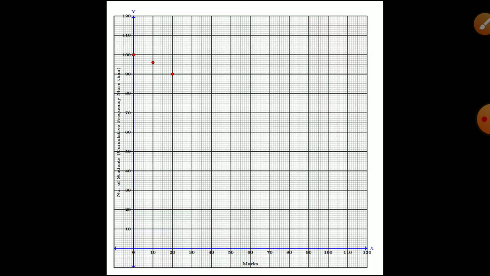Now in this way we plot all the points on the graph, and finally we join all these points by a smooth curve. That curve is called the Ogive curve, more than type, and it is a declining curve.